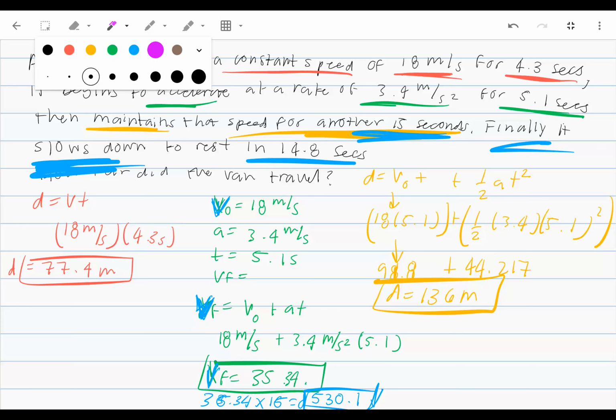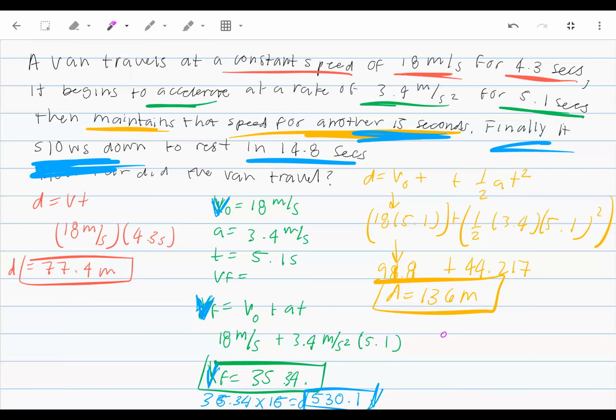So your new initial point would be your most current last velocity, which would be 35.34, because that is when the new speed comes in. And then you're looking for final velocity, which is 0, because it slows down and comes to a rest. And the time you're given is 14.8 seconds till it comes to a stop.